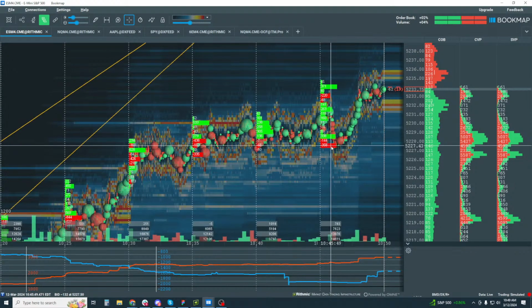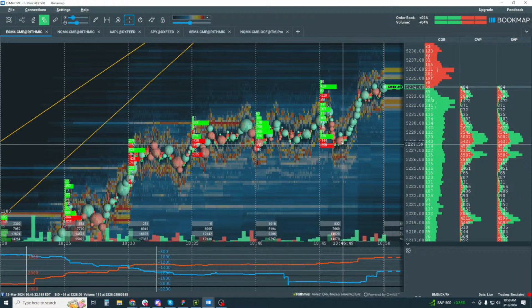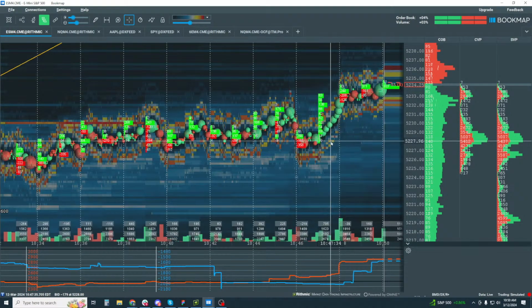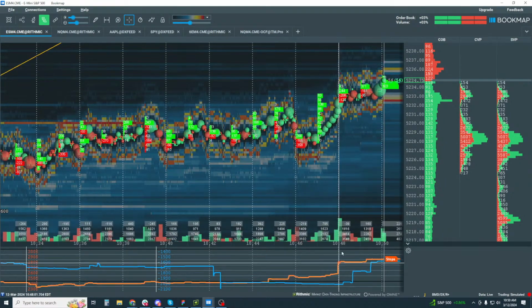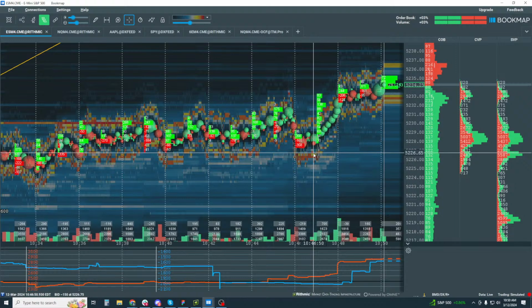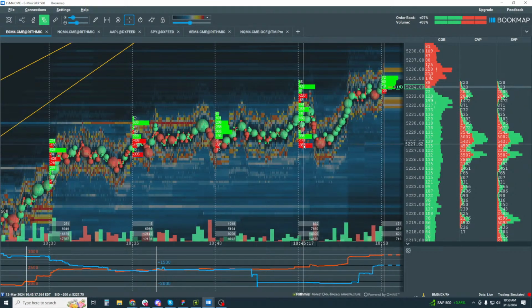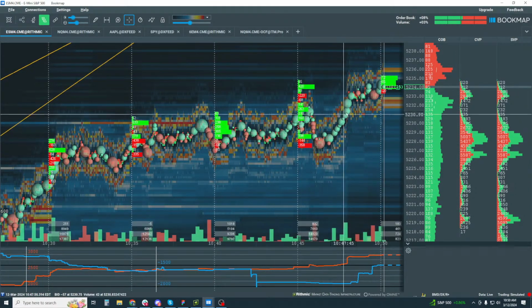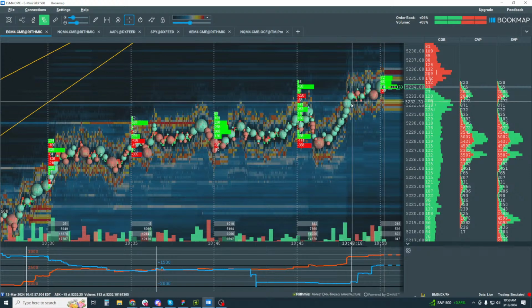There's a lot of selling down here. Well, what happened to those sellers? They're getting annihilated. There's a stop run here on the way back up. So those sellers in here are the fuel to this move to the upside.